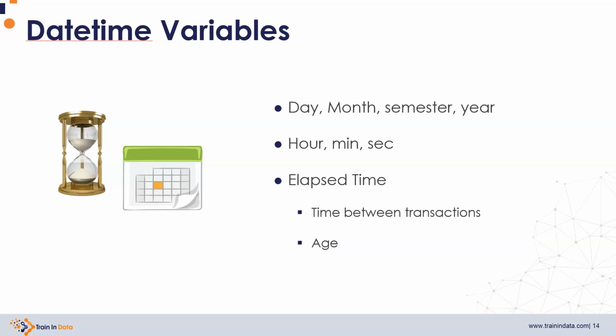We instead extract a lot of information from them, like the day, the month, the semester, the year, the hour, minute, and second, the time between two date variables, and like this we can extract features like, for example, the time between transactions, or the age with the date of birth at the time of the transaction.